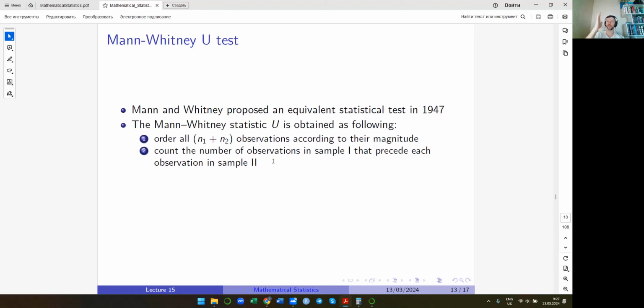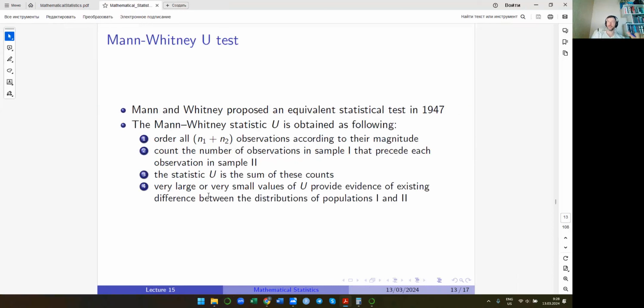Basically we take observations of sample 2 and look at how many observations from sample 1 are before. And then we sum the counts from the second step. This is going to be the statistic U. The logic is that very large or very small values of U provide sufficient evidence that there exists a difference between the distributions of populations 1 and 2.